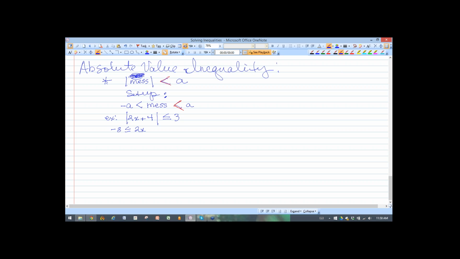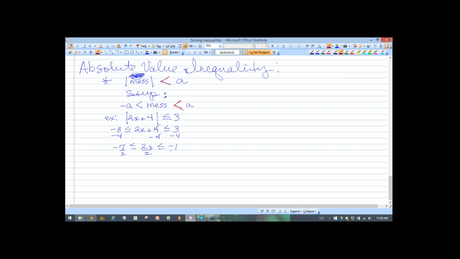Take the absolute value symbols away when you set it up like this, and you begin to solve it just like we have been doing. Of course, subtract 4 from all sides. I'm only subtracting, so don't do anything with your signs. They stay the same. So 2x, and then of course divide by 2 on all 3 sides.